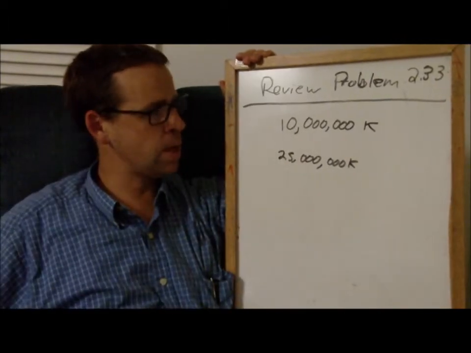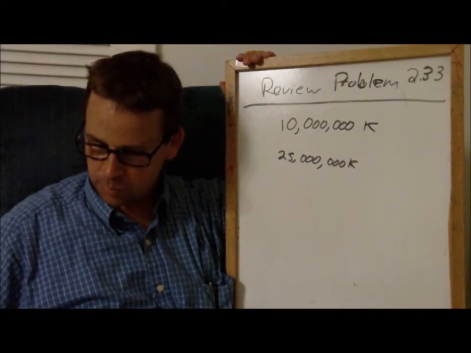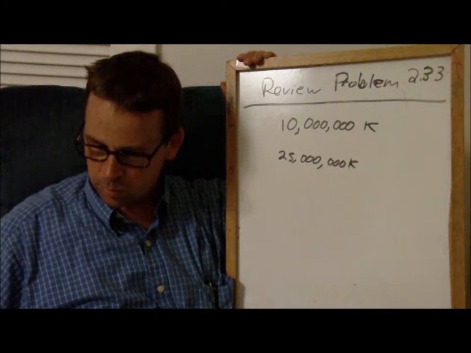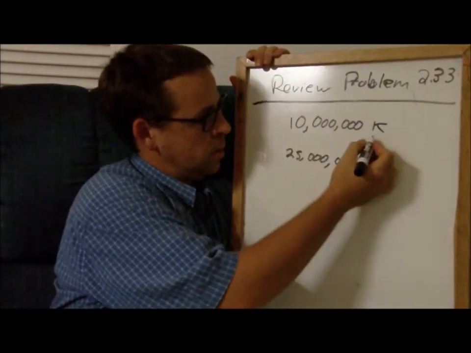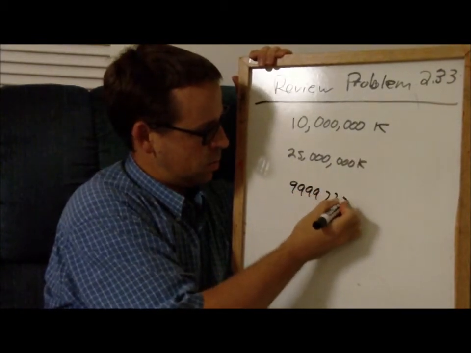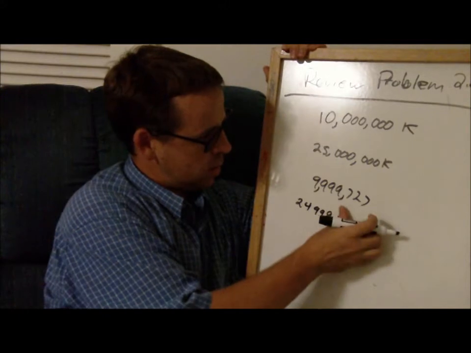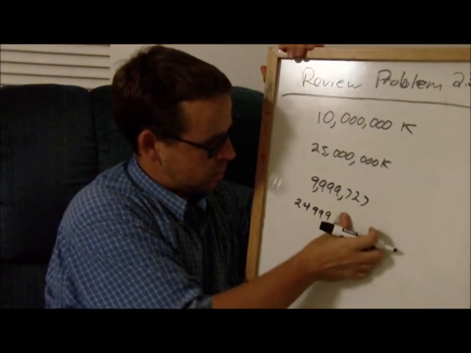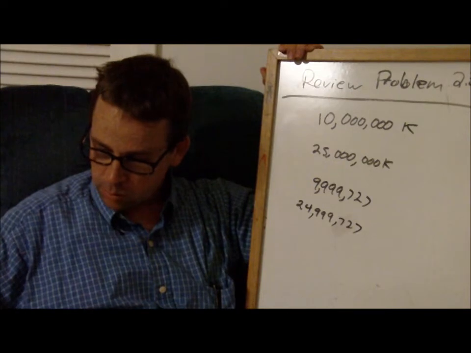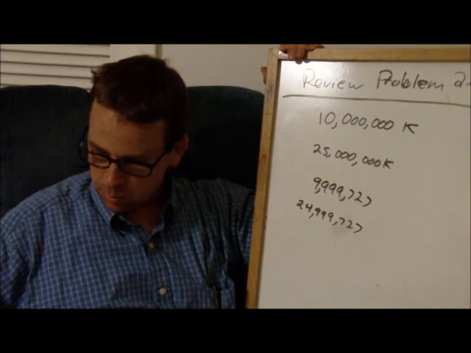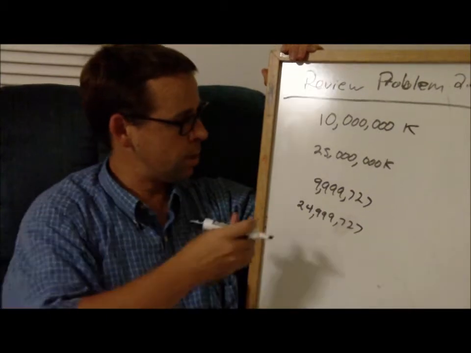And 25 million minus 273 is 24,999,727. All right, so that's the range in degrees Celsius.